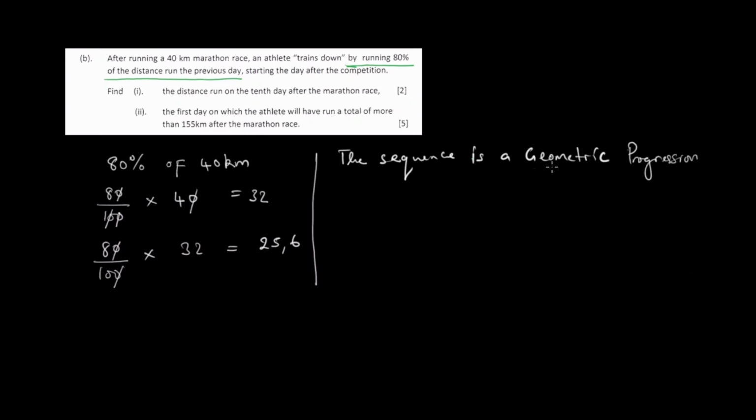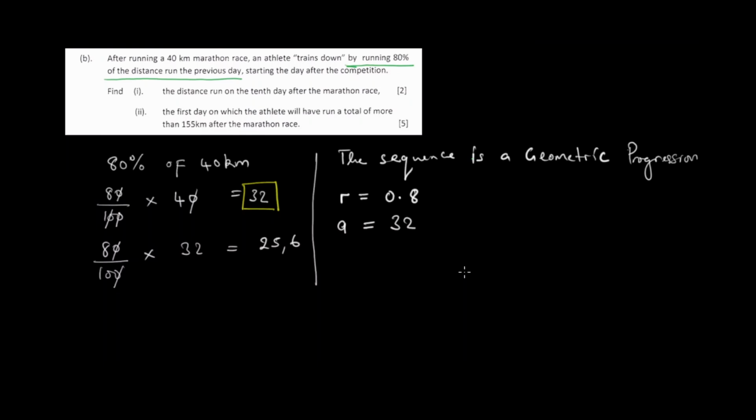And the moment we say it's a geometric progression, r is equal to 0.8. Our first term a is 32. And our question is simple, because it is asking for the distance run on the 10th day.